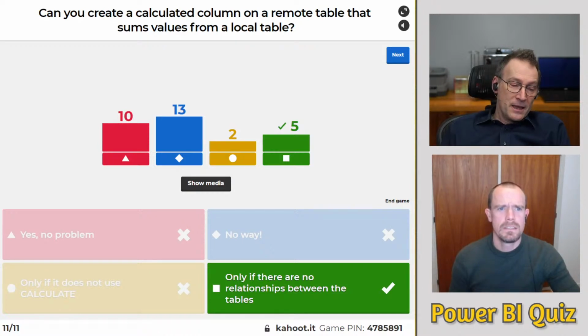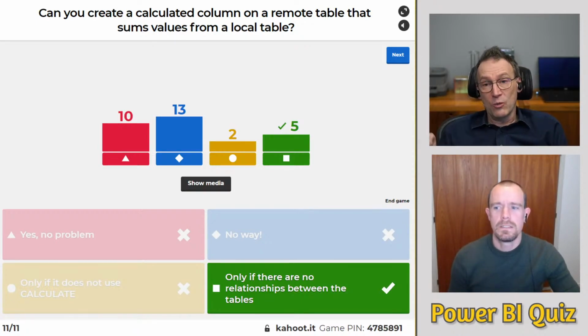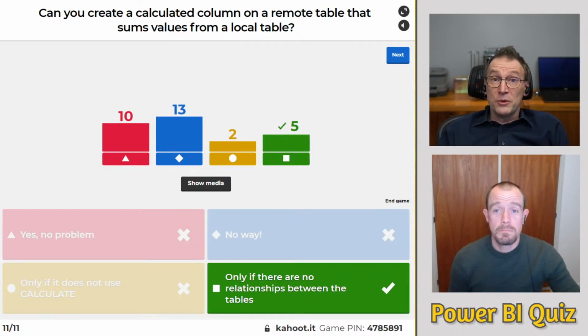The engine is kind of smart, and if there are no relationships between the remote table and the local one, then you can actually compute the calculated column, because it does not require traversing a relationship. It becomes a constant value, and then you can easily compute. You don't need to perform the calculation on the remote machine. It becomes a constant value computed locally and then pushed back to the remote server. So you're actually cheating the engine that way.